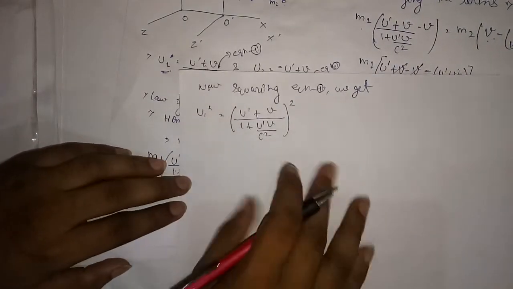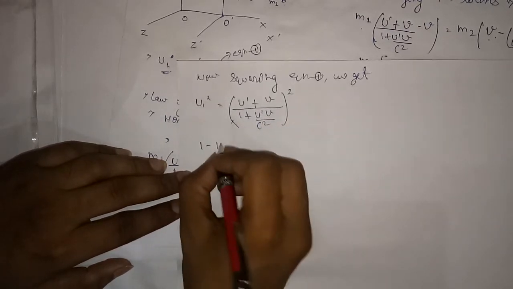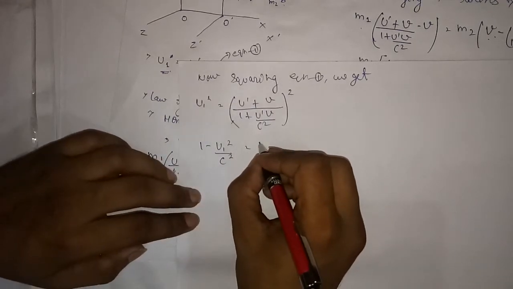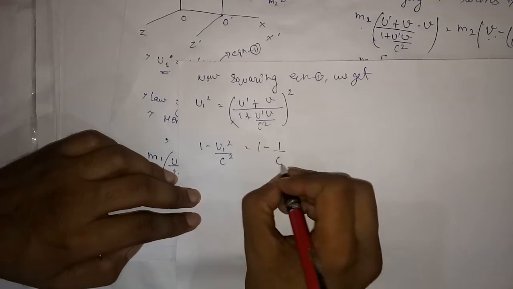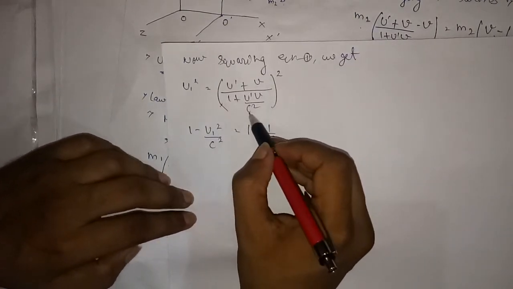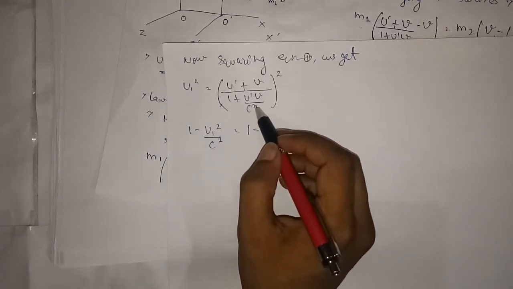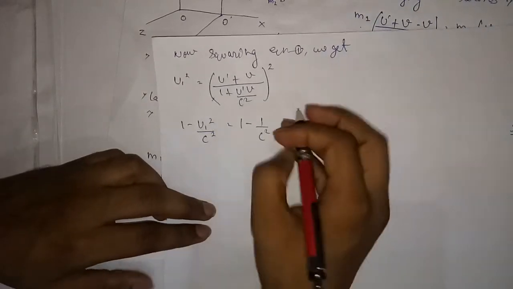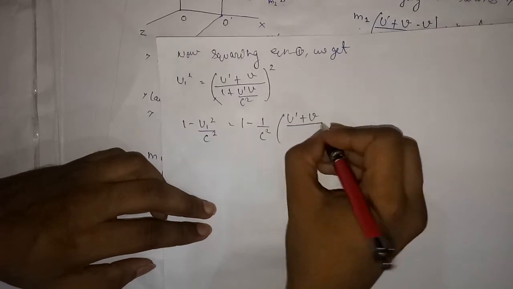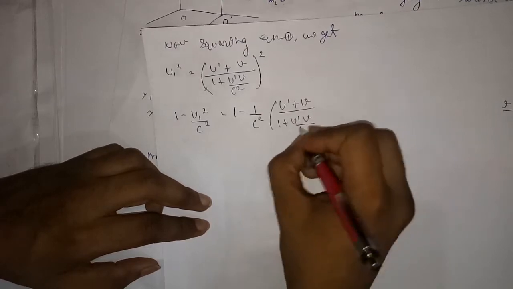Now subtract both of them from 1, we will get 1 minus u1 square upon c square equal to 1 minus 1 upon c square, and c square because we have taken c square common from this equation, right? So now we are left with u dash plus v upon 1 plus u dash v upon c square.